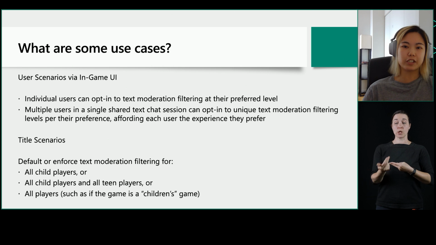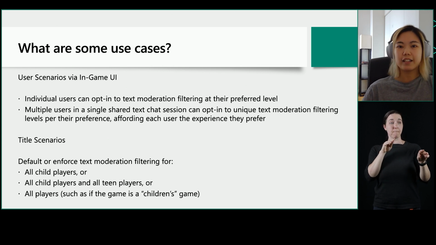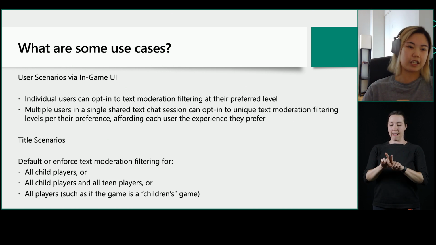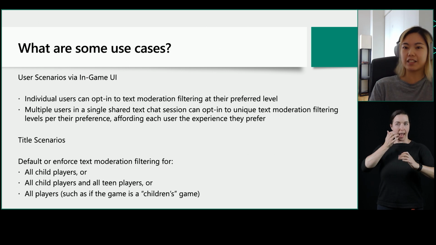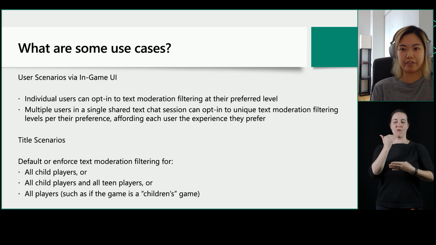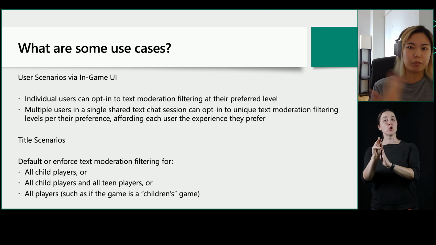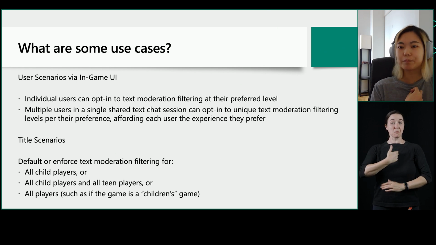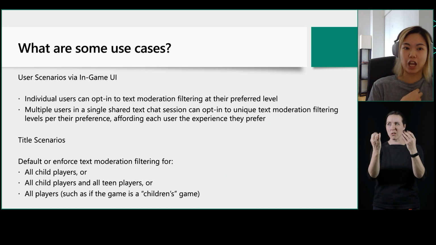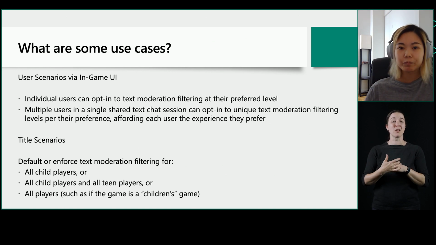For individuals to opt into text moderation, as the individual player, I can decide my personal preferred level, be it family-friendly, medium, mature, it's up to me. Say if I'm playing in a game with a bunch of other people.